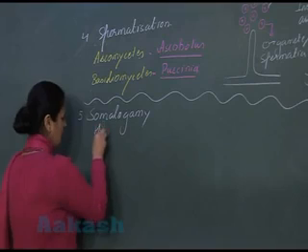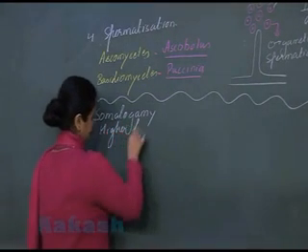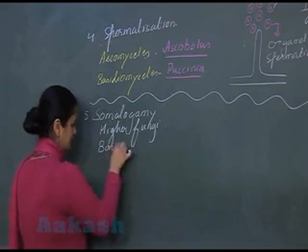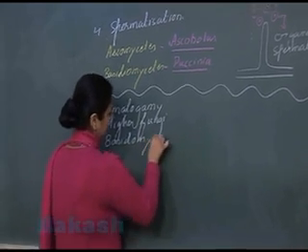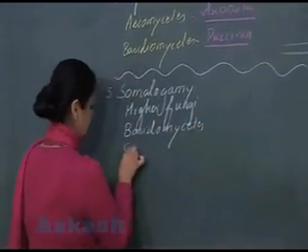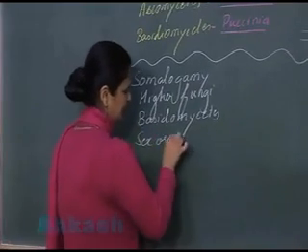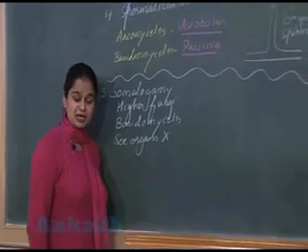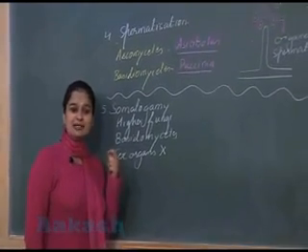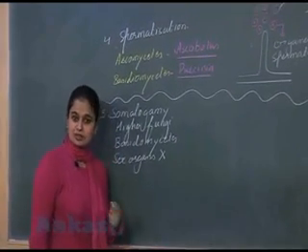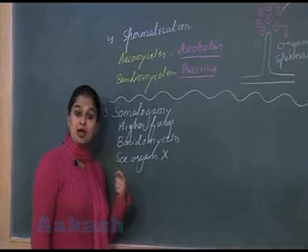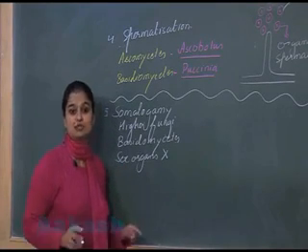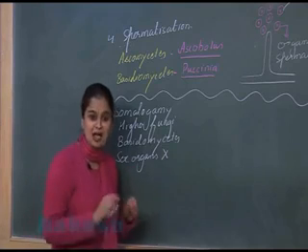If sex organs are absent, it means gametic fusion will not occur. So now the fusion of gametes will not occur. Instead of the fusion of gametes, now there is fusion of somatic hyphae.